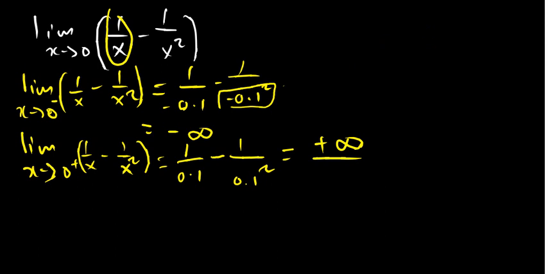So as x approaches 0, just test both sides, from negative as well as positive. And in most cases, the answer is either positive infinity or negative infinity, as x approaches 0. Most of the times, not always.